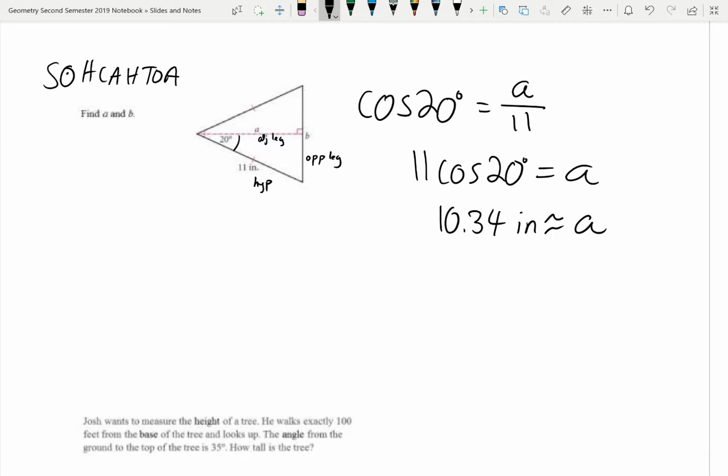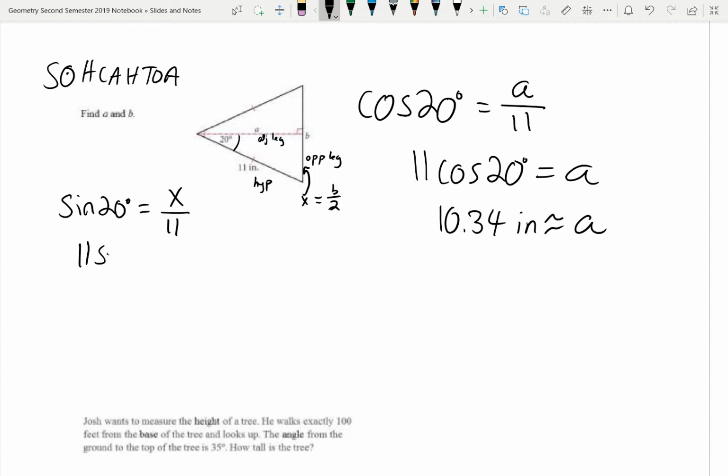And let's try to find b then. For b, I'm first going to find this length here. I'm going to call that x, and x is equal to b over 2, or half of b. So let's do sine of 20 degrees equals x divided by 11.